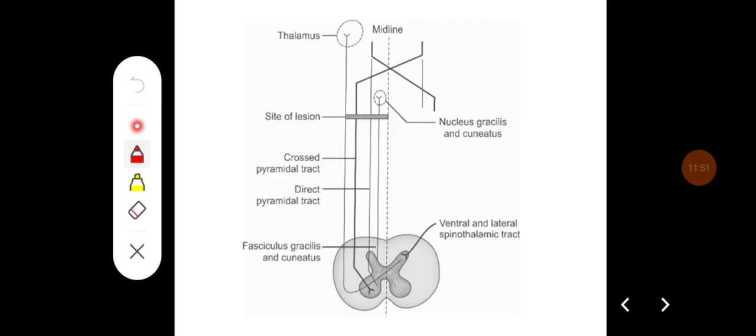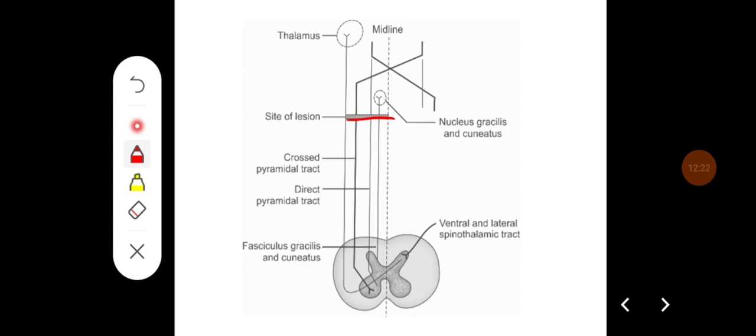This diagram shows the lesion and the involvement of the different tracts. On the same side, the dorsal column tracts are affected. The sensations carried by dorsal column tracts are lost, and the sensations carried by the ventral and lateral spinothalamic tract, that is pain and temperature, on the opposite side are lost because they cross over here.